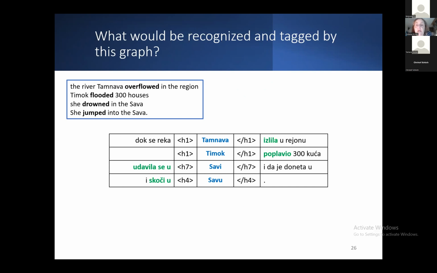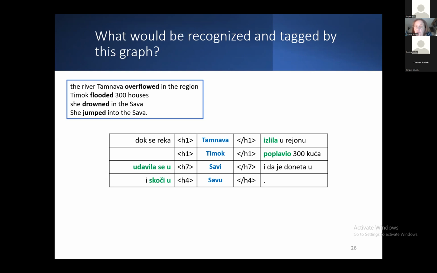For instance, here we have that the river Tamnava overflowed in the region, and the Timok flooded 300 houses. Those are verbs in the right context. And then you have that she drowned in the Sava, and she jumped into the Sava.